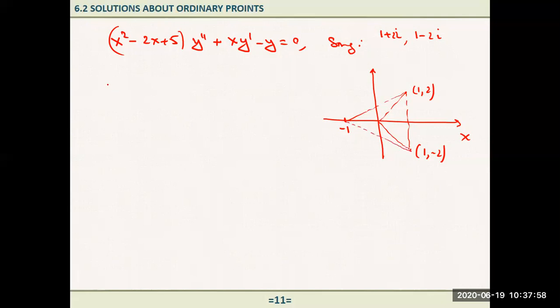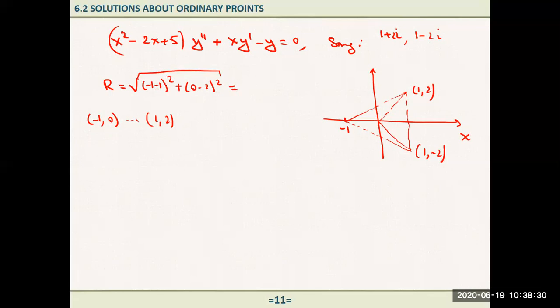So from here, then what is r? The radius of convergence is equal to, here we have 2 points, right? The first point is negative 1, 0, to which point? It is 1 and 2, or 1 and negative 2, doesn't matter. These distances are equal. So here we have negative 1 minus 1 squared plus 0 minus 2 squared, just using the distance formula between 2 points in the xy plane, right?